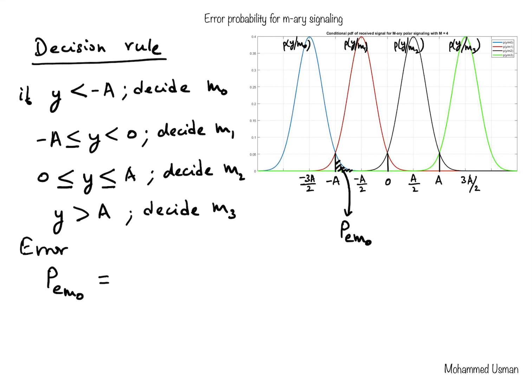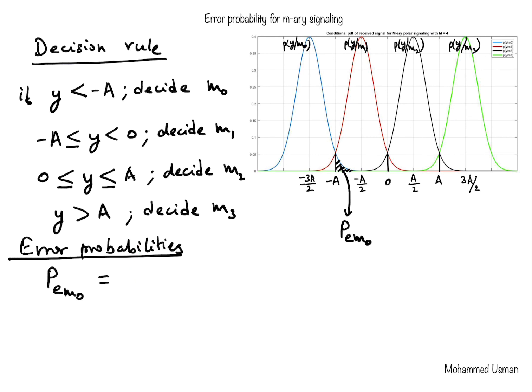So let me write the heading here, error probabilities. When M0 is transmitted, the error probability is the area under this blue PDF to the right of -A. That means from -A to infinity under this PDF P of Y given M0.